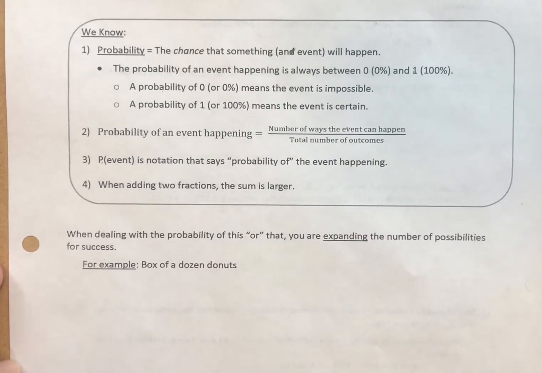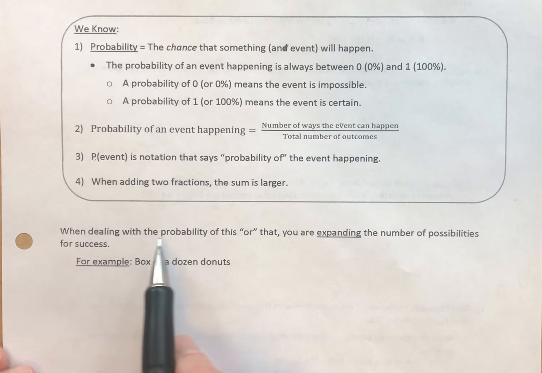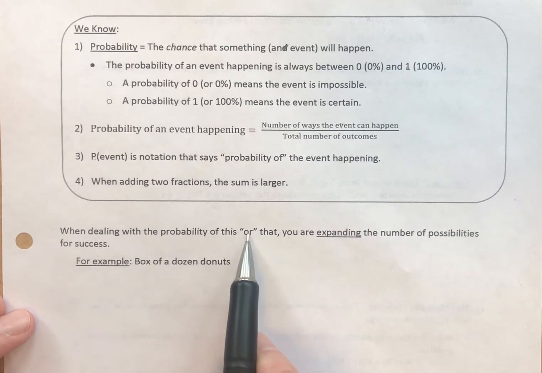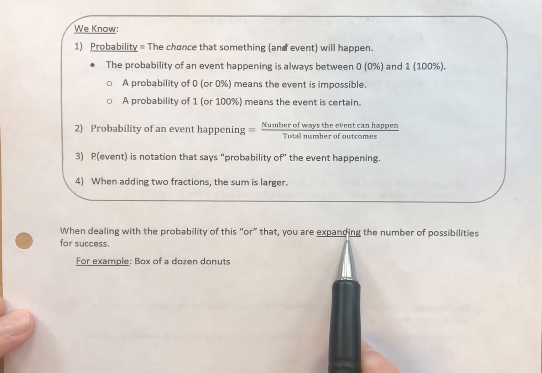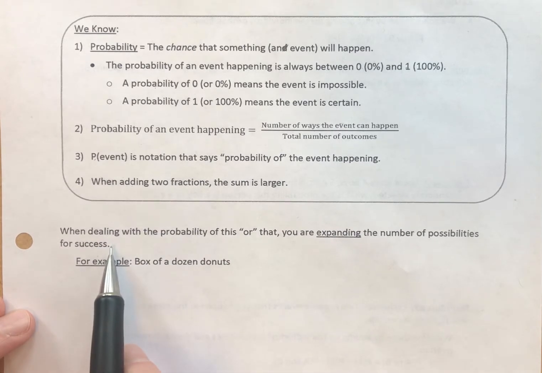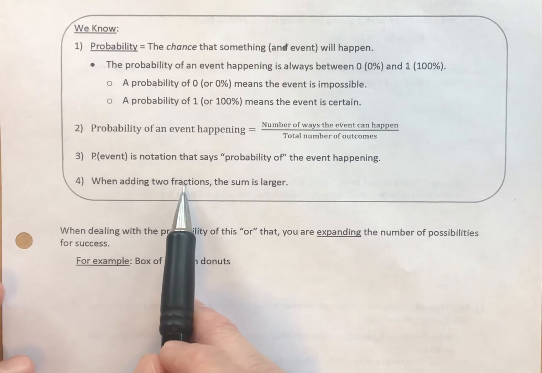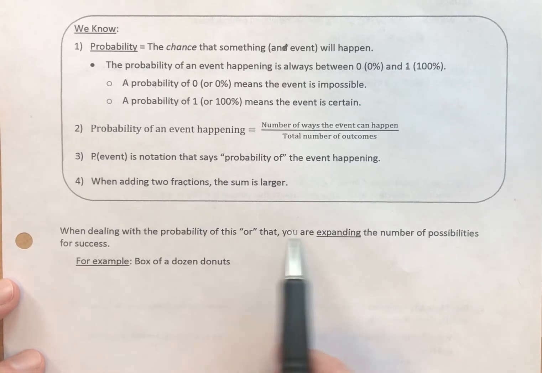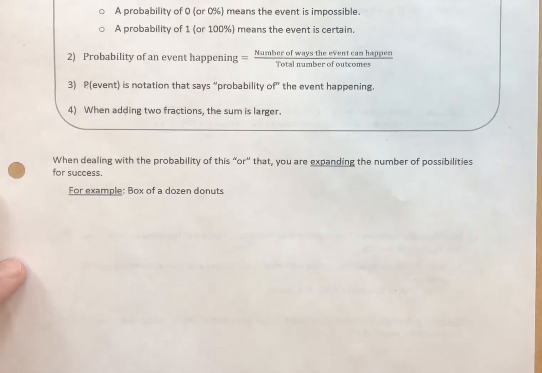That's important because when dealing with the probability of this or that, we are expanding, enlarging the number of possibilities for success. We're going to be adding two or more fractions, and that is going to be expanding the number of possibilities for success. The probability is going to be larger.